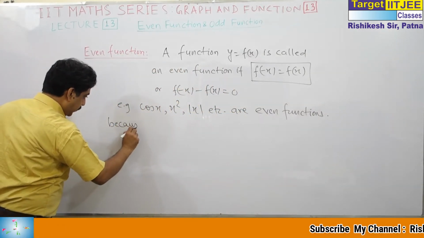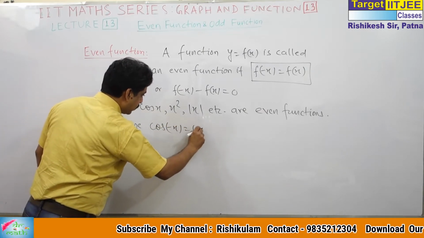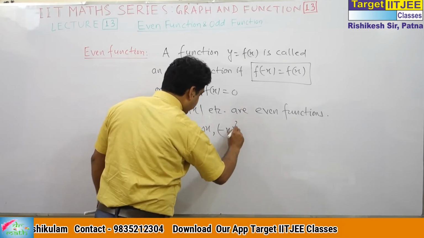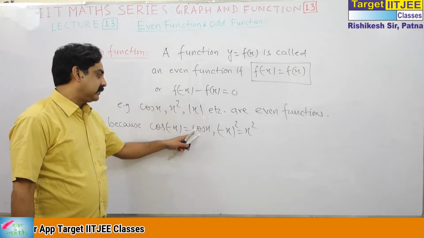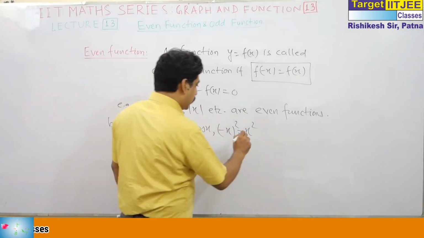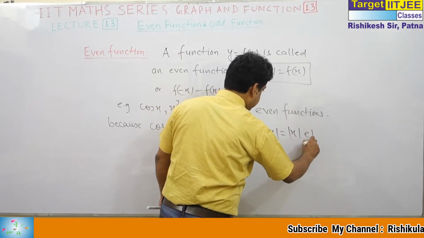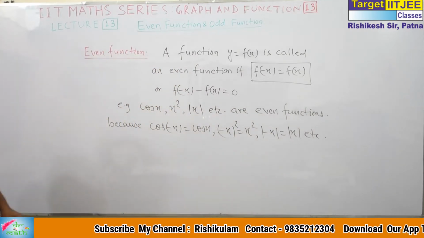Because you can see cos(minus x) is cos x. You can see (minus x) square is x square, where if we replace x by minus x, we get the same function. What is minus mod x? This is mod x, etc. So this is the even function.